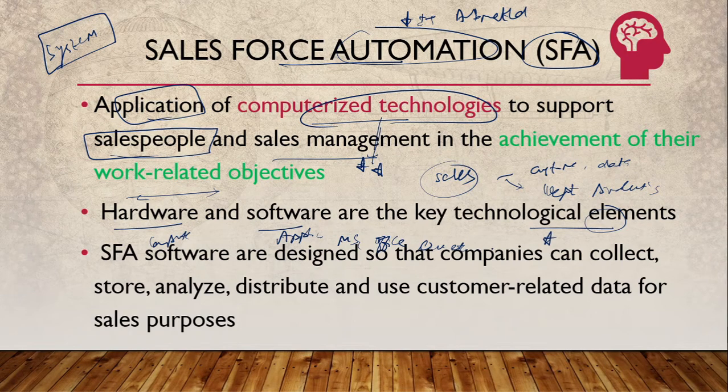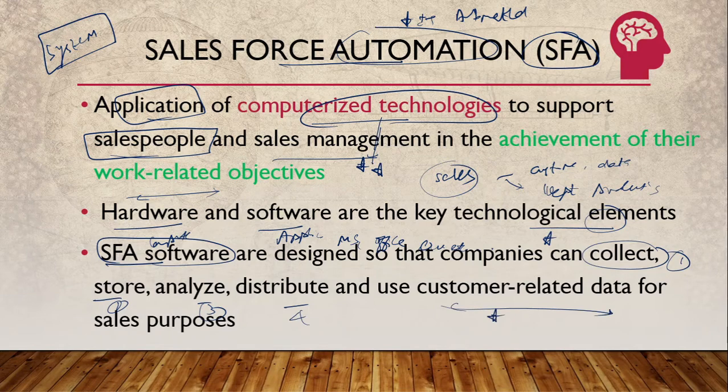Next is the SFA software. SFA is Salesforce automation software that is designed so that companies can collect, store, analyze, distribute, and use the customer related data for sales purposes.